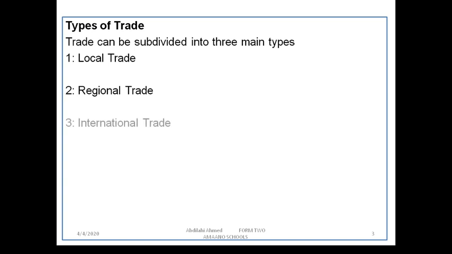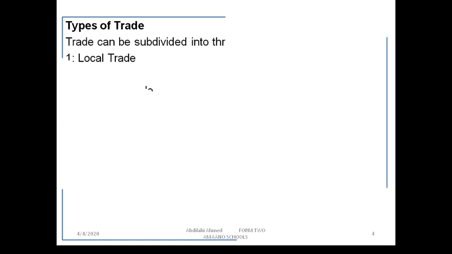The other one is called international trade. International trade is also called foreign trade. So international trade is a trade that happens at a global level, from one continent to another.